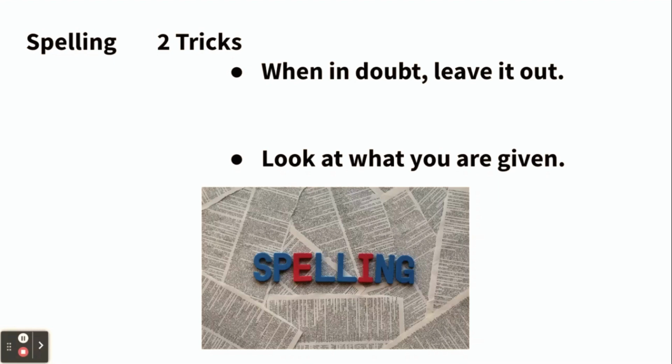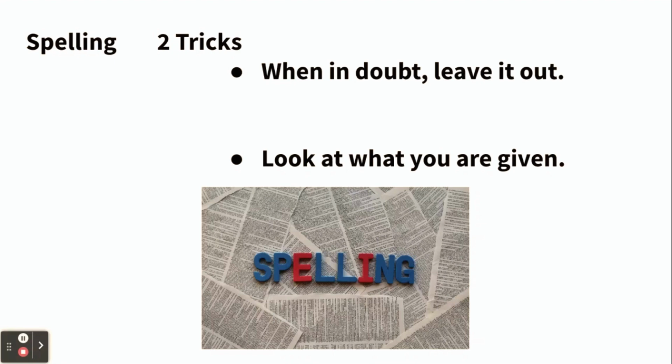Think about another word that means the same thing. Think about rephrasing that sentence so that you can just completely leave it out. Because if you're not sure how to spell it and you spell it wrong, it will cost you some marks possibly on your essay. So be very careful.